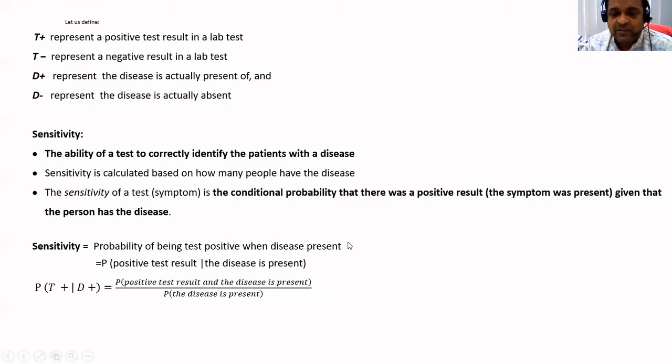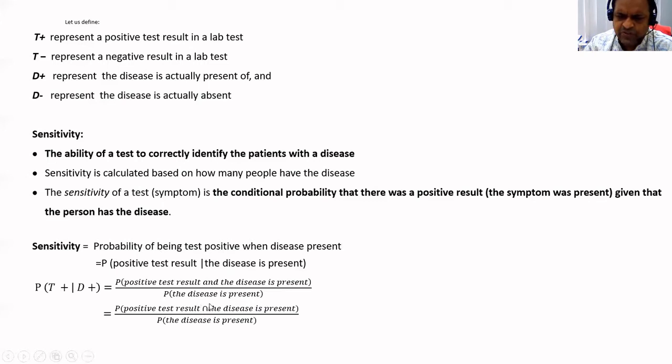Let us see the other thing, which is called specificity. Let us define specificity. We can denote the and by intersection. So what is specificity?